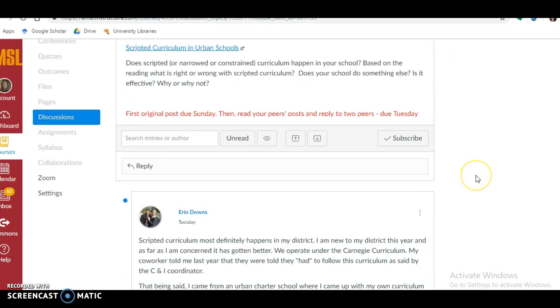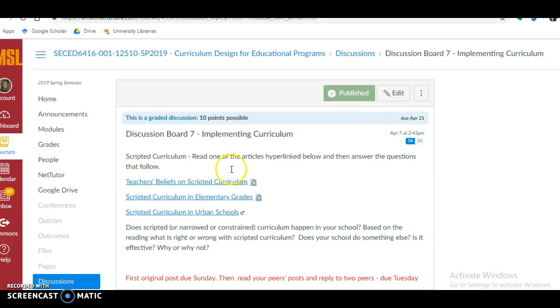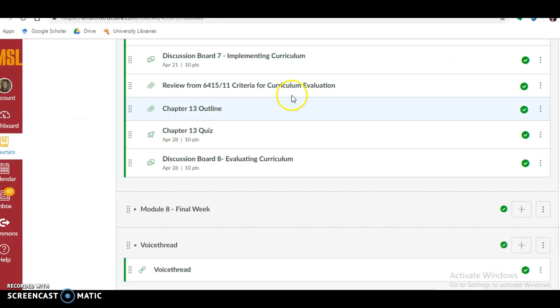And now this week we are talking about curriculum evaluation. So here is a review from 6415, as well as a chapter outline. This is chapter 13 in the old text, but in the new 9th edition text, it's chapter 12.